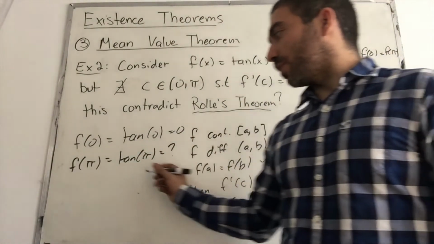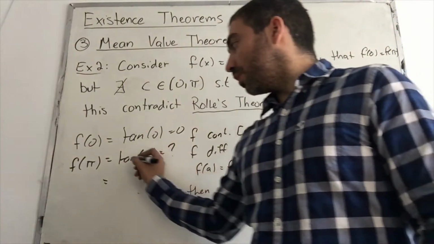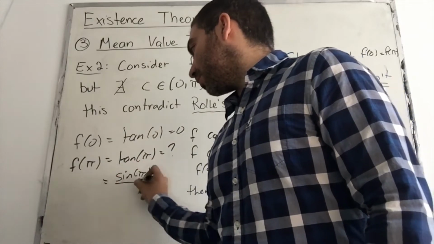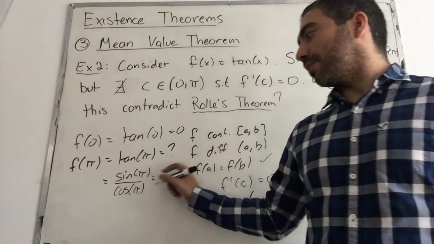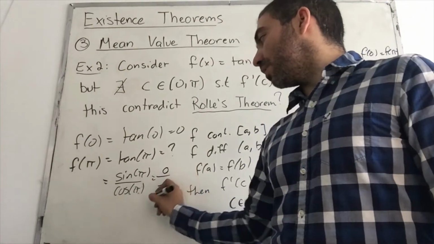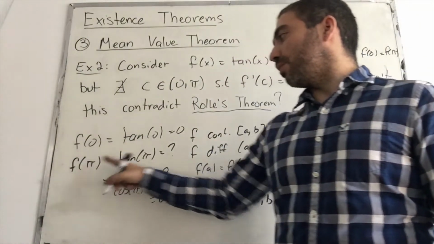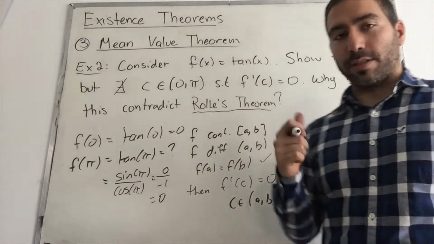Well, to answer that, if you're not sure, without the use of a calculator, use your unit circle, replace tan with sine over cos, and what we get is sine of pi is 0, cos of pi is negative 1, so this is just 0. So we showed that f of 0 is equal to f of pi, they're both equal to 0. So we have this third condition that's satisfied.